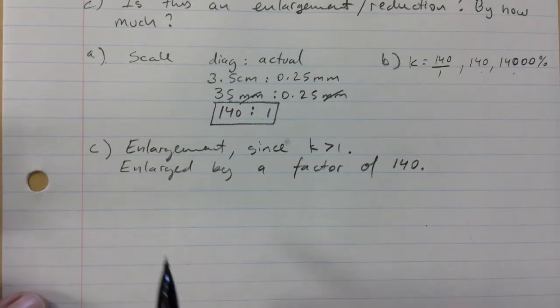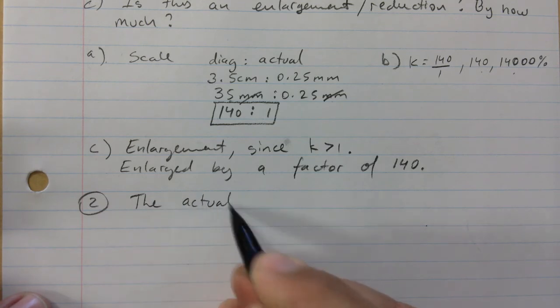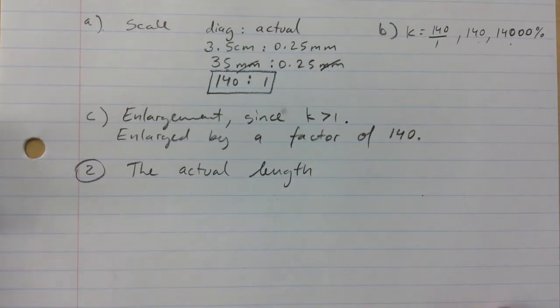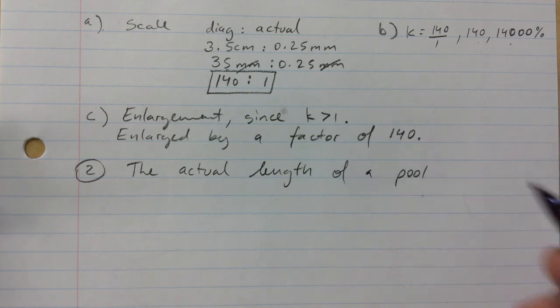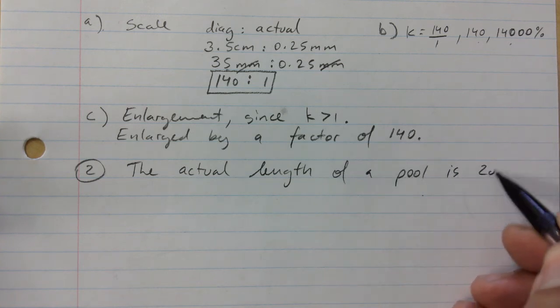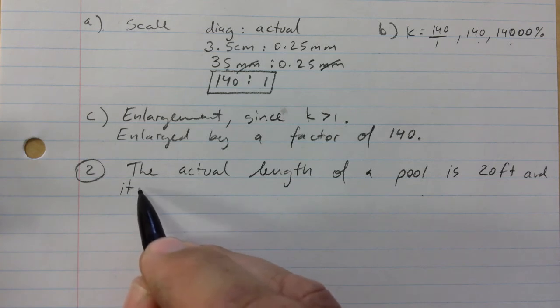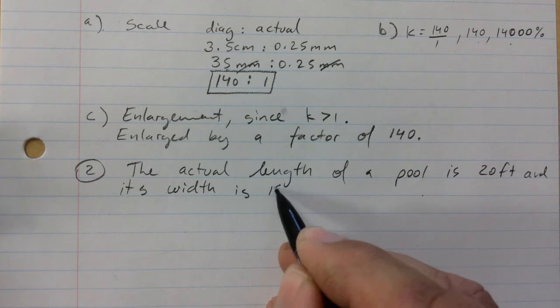Question 2. The actual length of a pool is 20 feet, and its width is 15 feet.